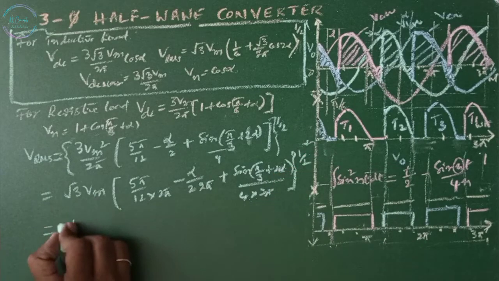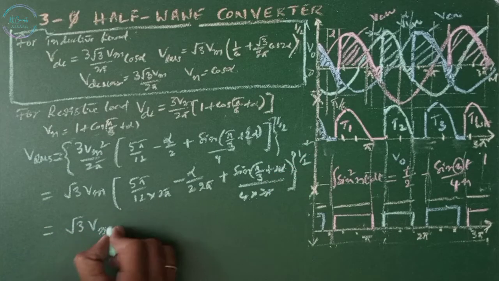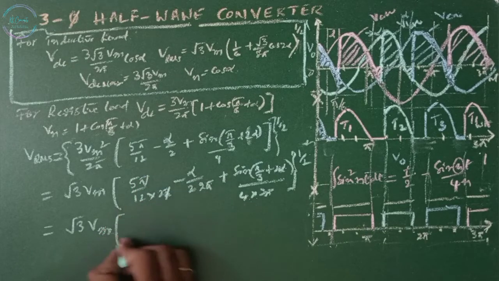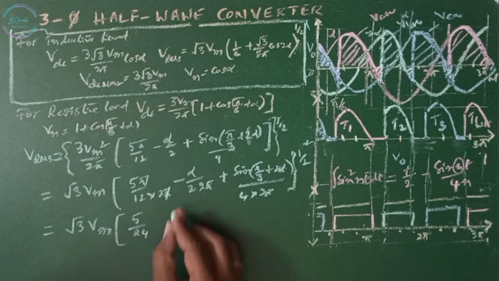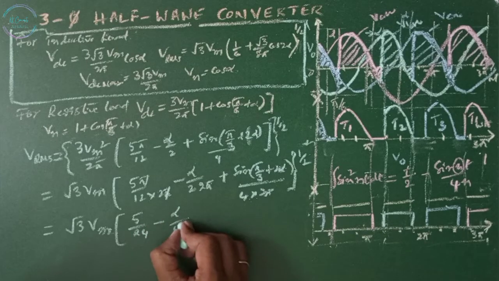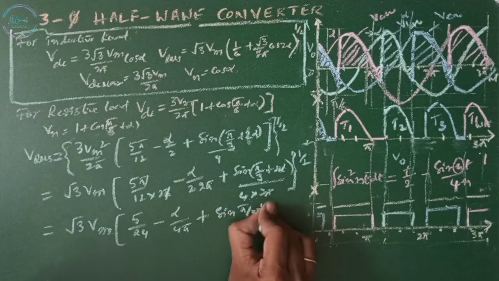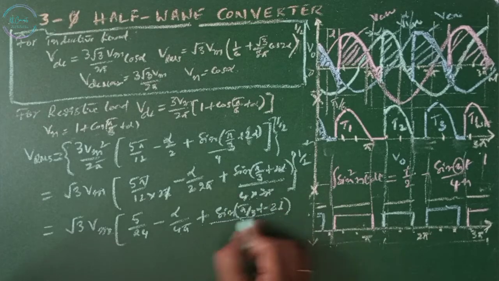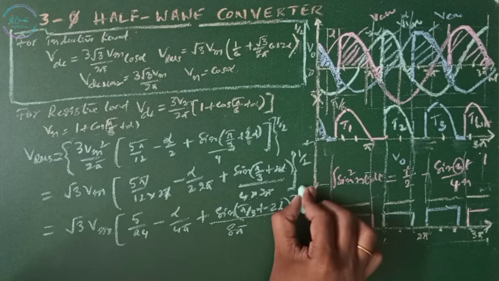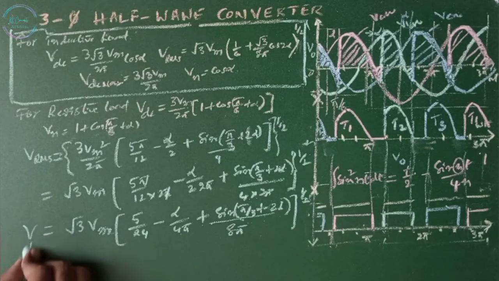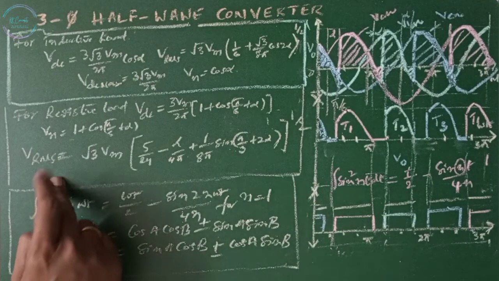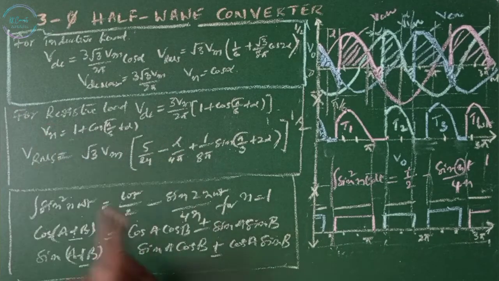Now this is out of the square root, so root 3 Vm times 5 by 24 minus alpha by 4 pi plus sine of pi by 3 plus 2 alpha divided by 8 pi, whole to the power of 1 by 2. This is the RMS. These are the RMS and average values of the 3-phase half-wave converter for resistive load. These are the formulas used while deriving the above equations.